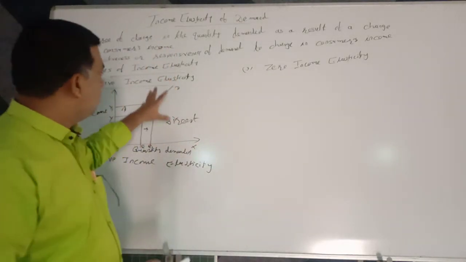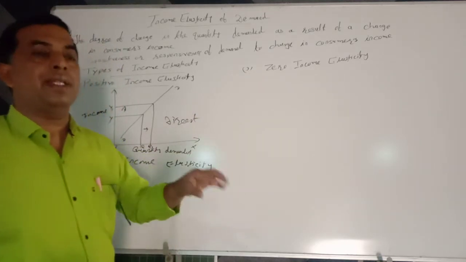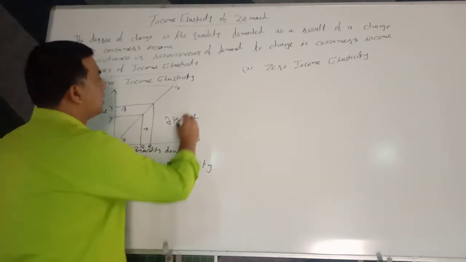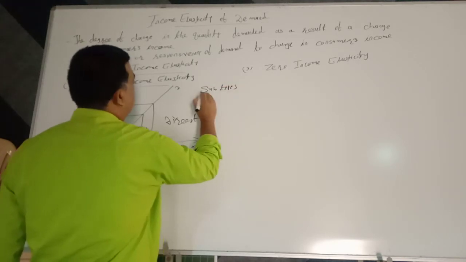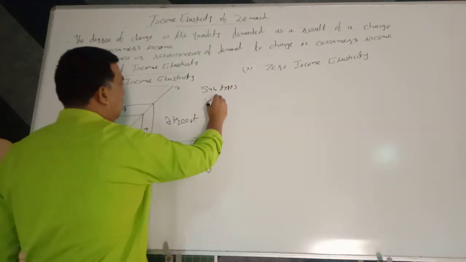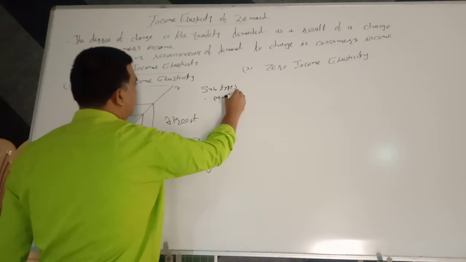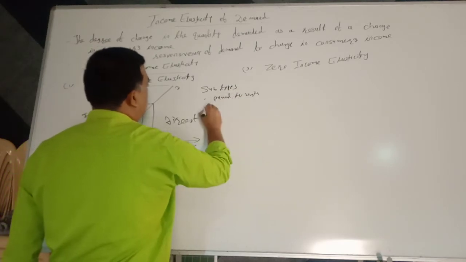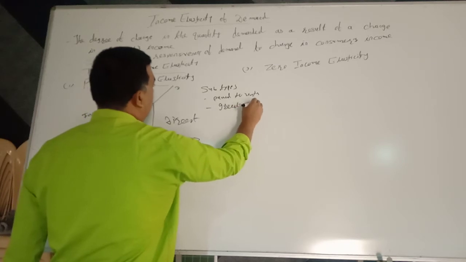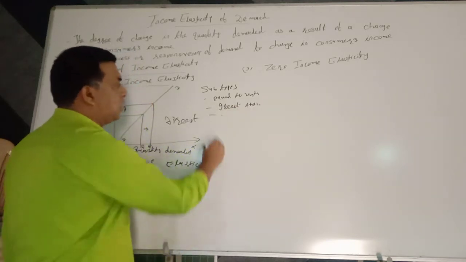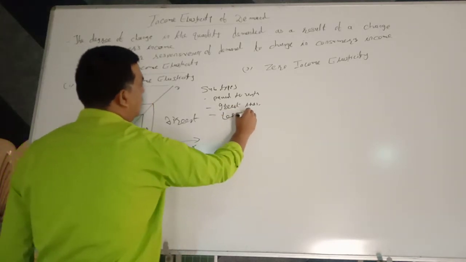Therefore, positive income elasticity has also three subtypes: equal to unity, greater than 1, and less than unity.